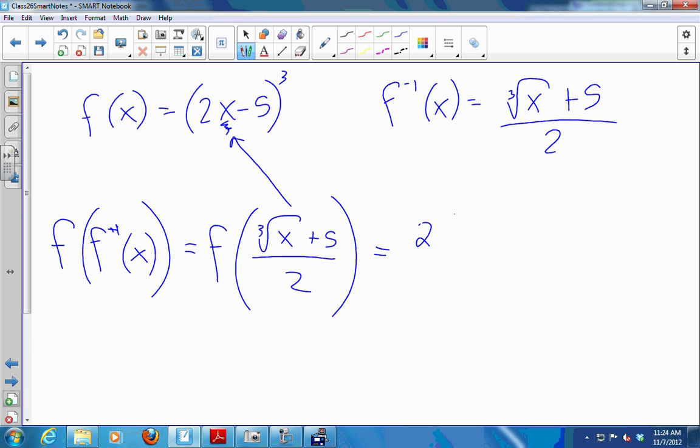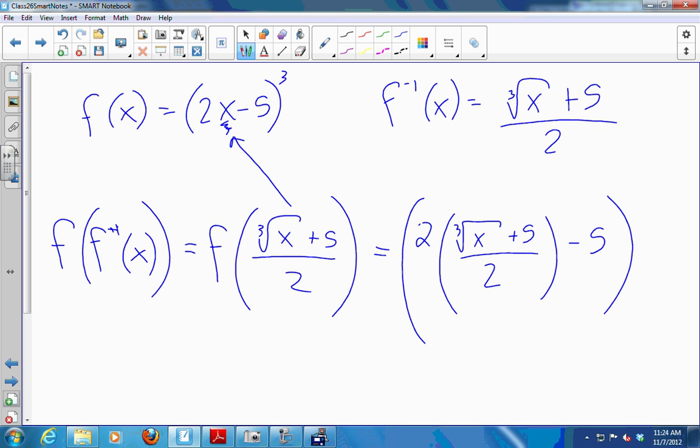So I'm going to have 2 times the cube root of x plus 5 over 2, then minus 5, and all of that is going to be cubed. So instead of saying (2 times x minus 5) cubed, I have 2 times all this ugly stuff minus 5, cubed.